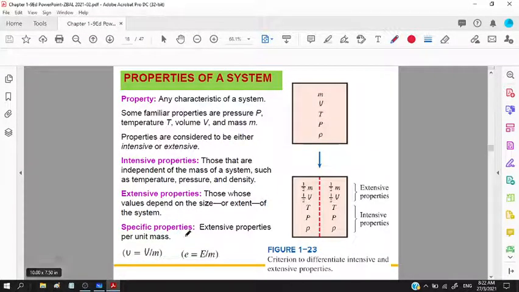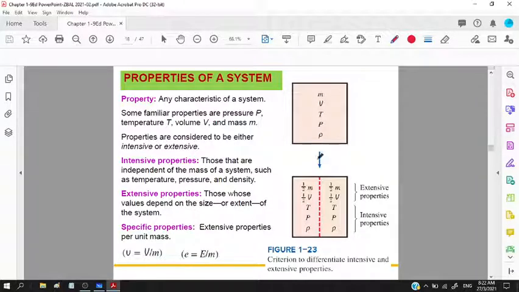And for specific properties, the unit has kilogram at the bottom part of the unit. Usually specific properties are used to change extensive properties to intensive properties.